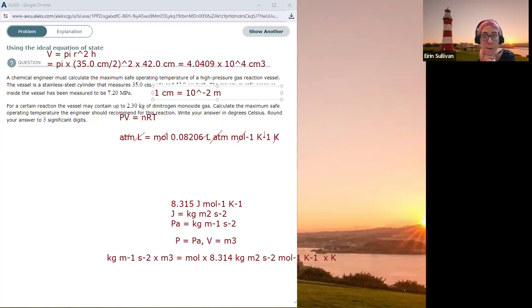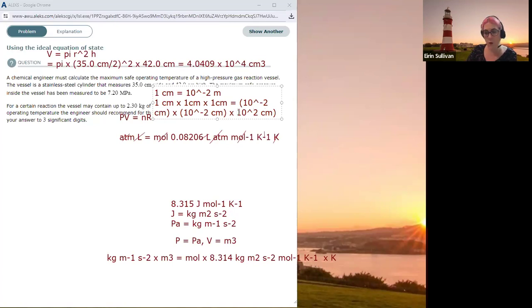But whenever it is cubed, you've got to do 1 centimeter times 1 centimeter times 1 centimeter, which equals 10 to the minus 2 times 10 to the minus 2 times 10 to the minus 2 meters. So you've just got to make sure that you're actually cubing everything.